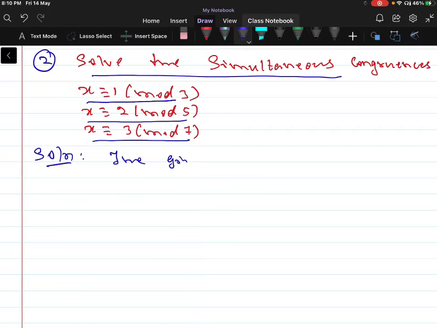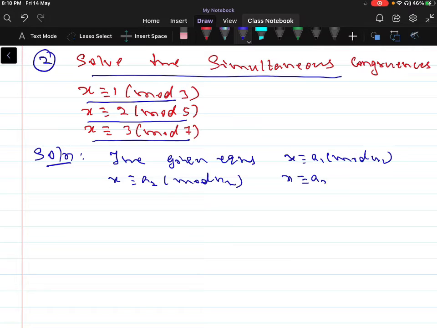The given equations are of the form x is congruent to a1 modulo n1, x is congruent to a2 modulo n2, and x is congruent to a3 modulo n3.